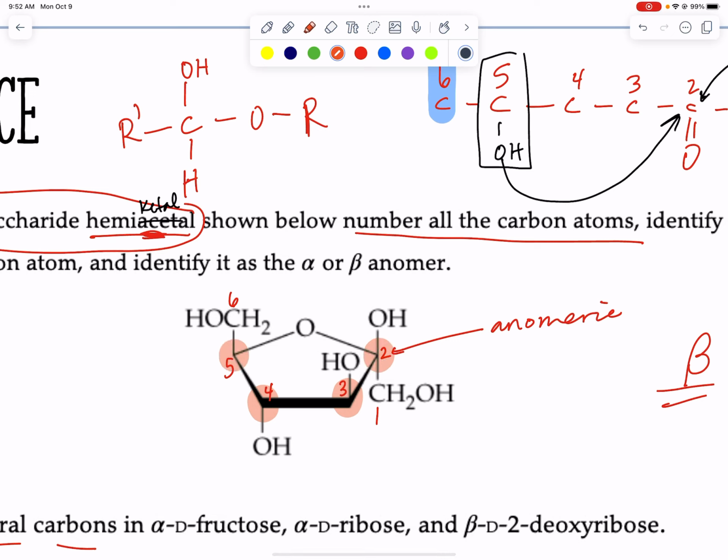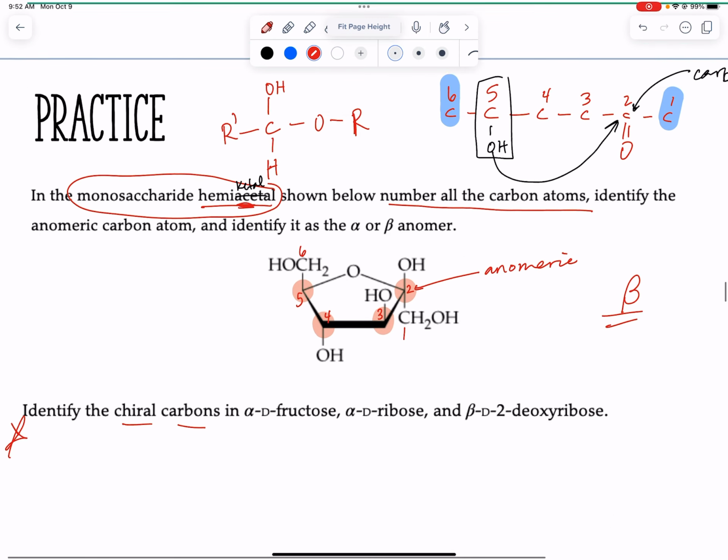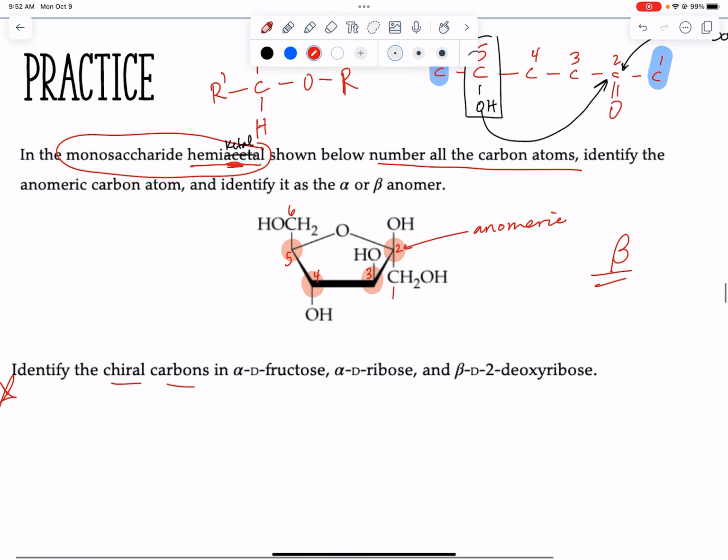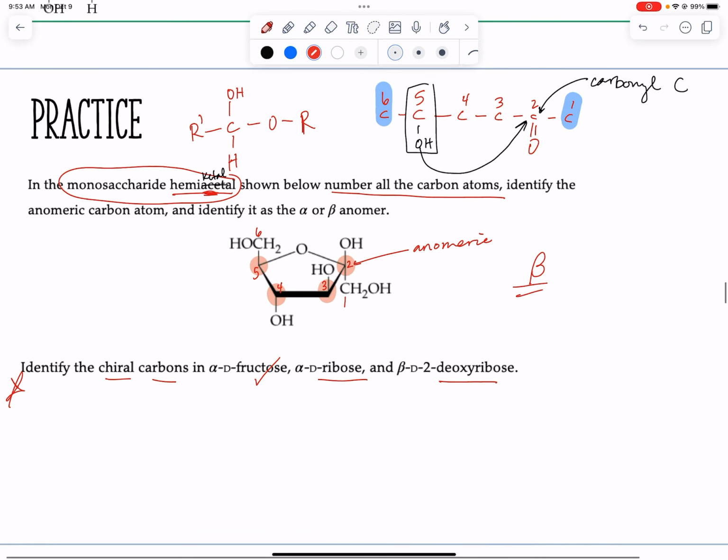And then 2 would be a chiral carbon. But 1 and 6 are both bonded to 2 hydrogens, so those would not be chiral carbons. So again, we just did fructose, so that one's checked off, but go look at ribose and deoxyribose and see if you can do the same thing.